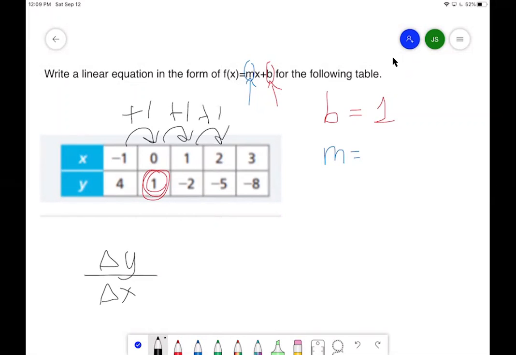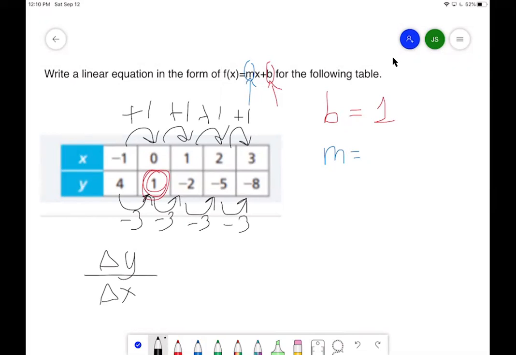And yep, so we're adding by 1 each time. Now let's check out the change of y. So for this one, I notice that they're taking away 3, and it continues. Take away 3, take away 3, take away 3.